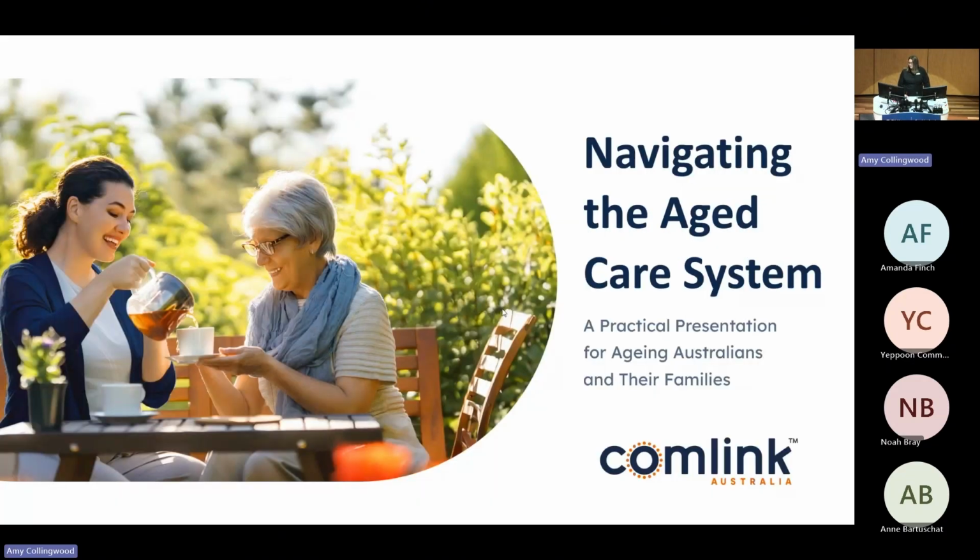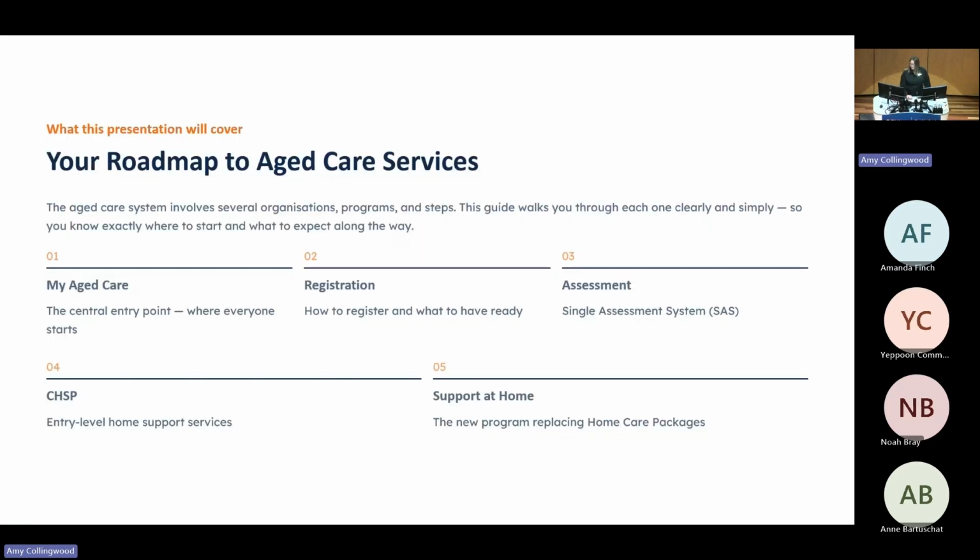So we'll start with navigating the aged care system, and what is the aged care system. Your first point of call is going to be My Aged Care, also known as MAC. It's the central entry point where everyone starts. We then will look at the registration process, how we register and what we need to have ready.